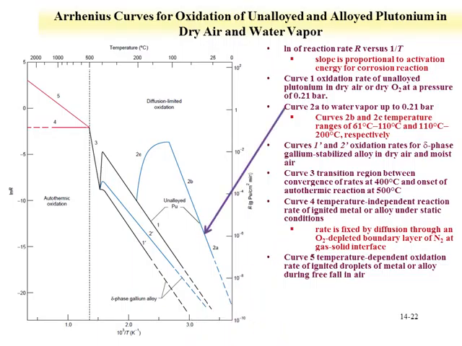This other curve, we have our rates higher at the same temperature. So as we see here, 100 degrees, 200 degrees. This is the inverse of the temperature down here. We see that this includes water vapor up to 0.21 bar. We see that this has been examined over a few temperature ranges.